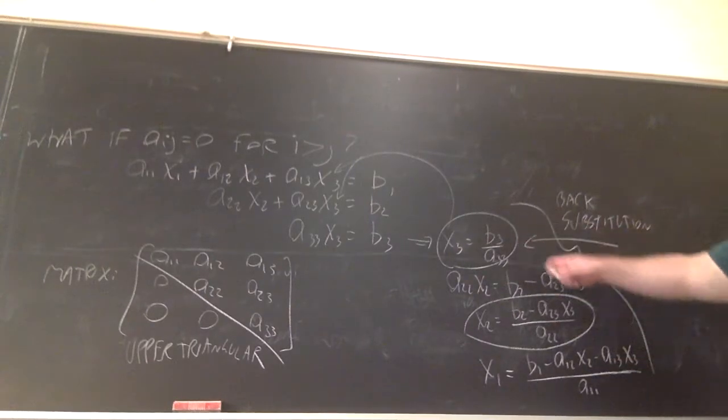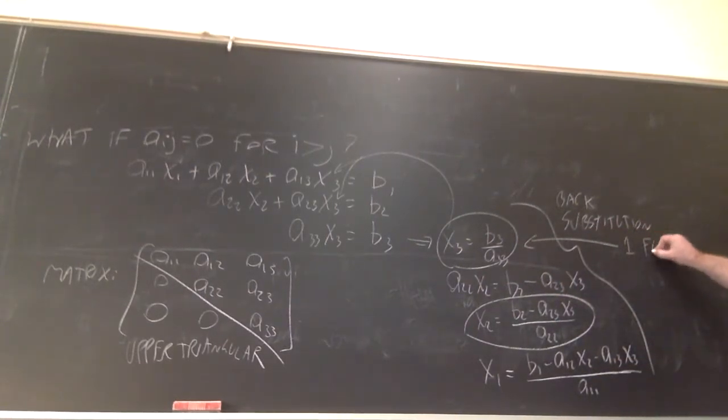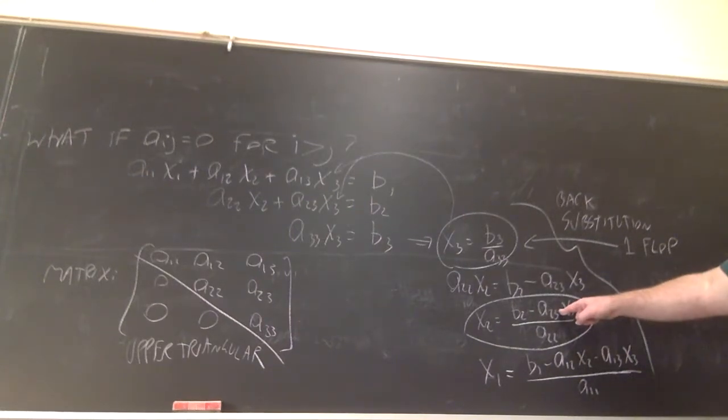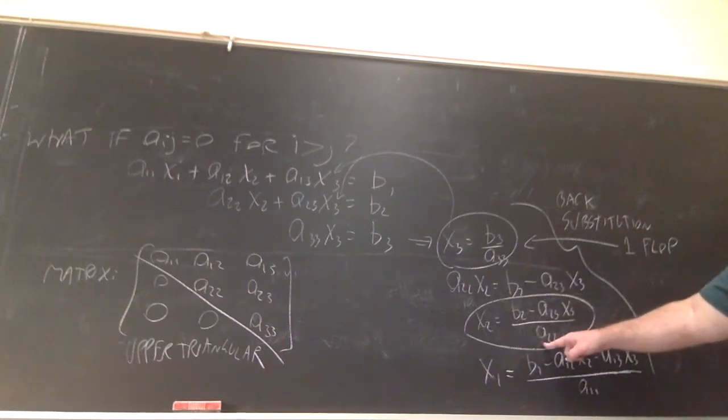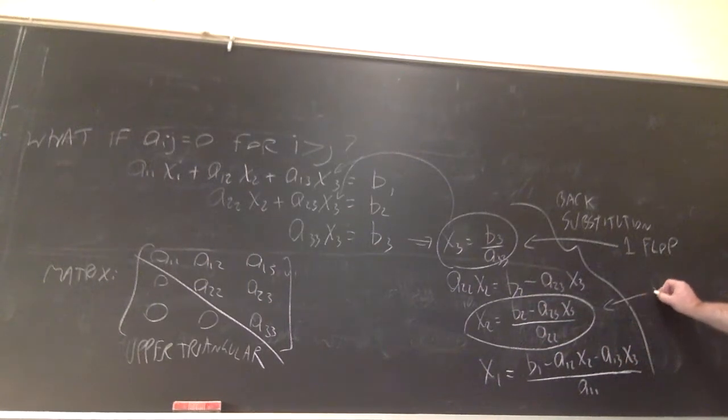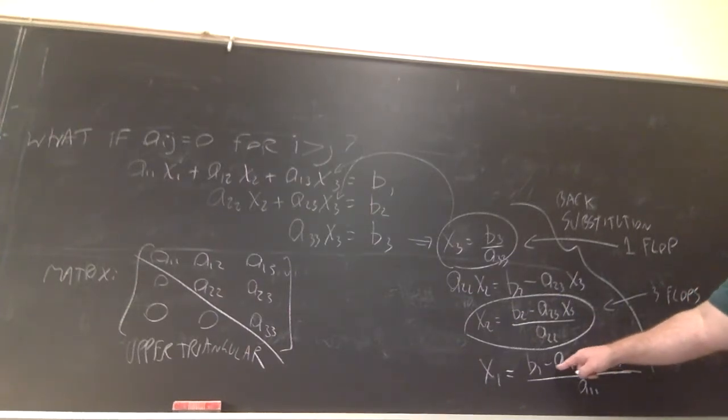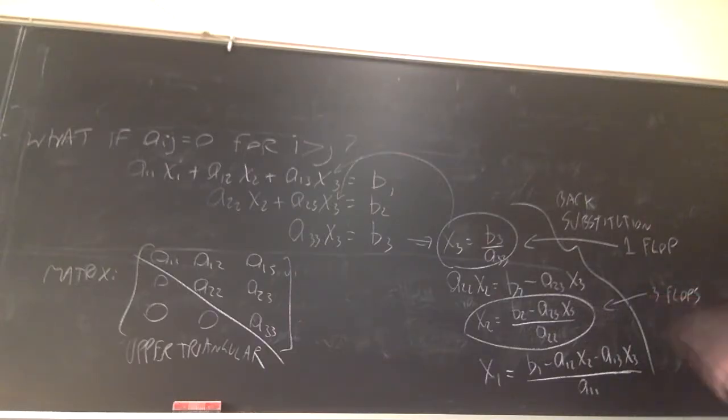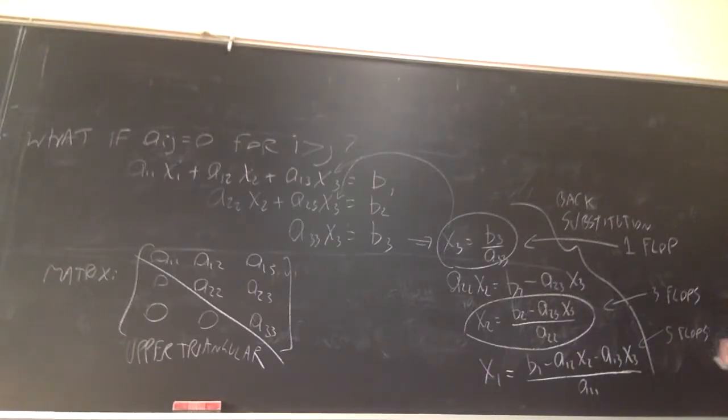Well, here we just have one division. So one flop, or floating point operation. Here we have a multiplication, a subtraction, and a division. So we need 3 flops. And then we have multiplication, subtraction, so 4 operations there, and then a division, so we have a grand total of 5 flops.